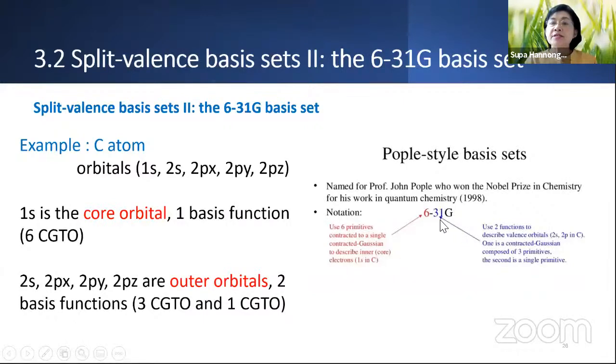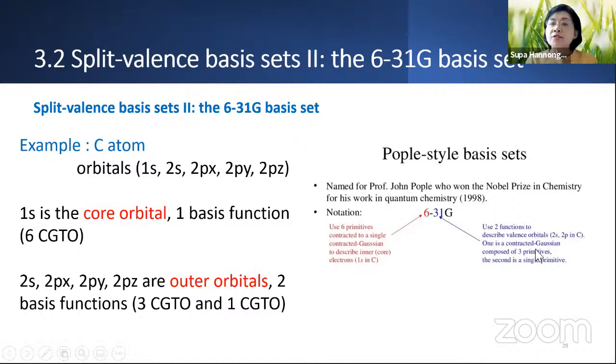And for the letters 31G, that means they use 2 functions to describe the valence orbitals. In this case, it is the 2s and 2p in atomic carbon.